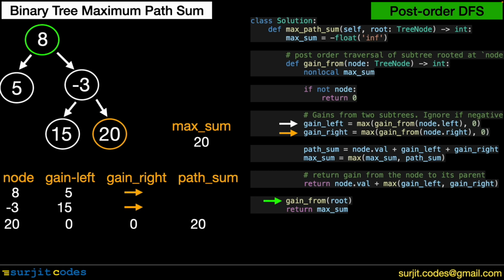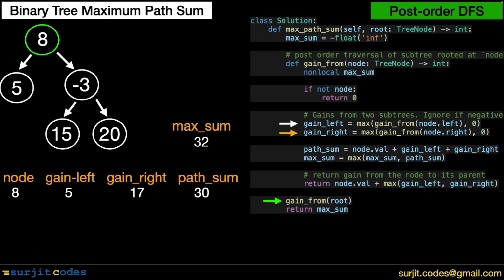The return value is also 20, which becomes gain right for the previous call. Pathsum is the sum of these three values, which becomes 32. This replaces the old value of maxsum. Return value is the node value plus higher of the two gains, for which the return is 17. So 17 becomes the gain right of the first call of the function.